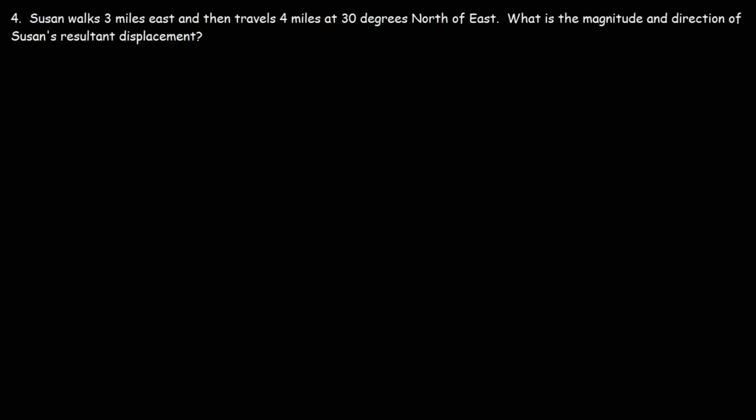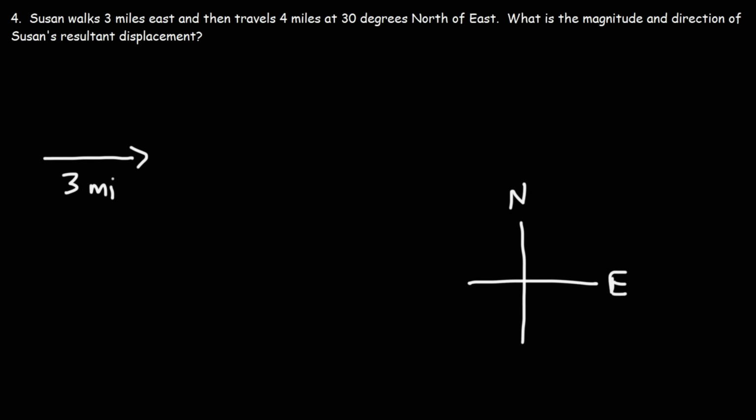Now this one is going to be a little bit harder because there's more complications to this problem. But let's begin. Susan walks 3 miles east. So let's draw that. And then she travels 4 miles at 30 degrees north of east. So this is north, this is east.